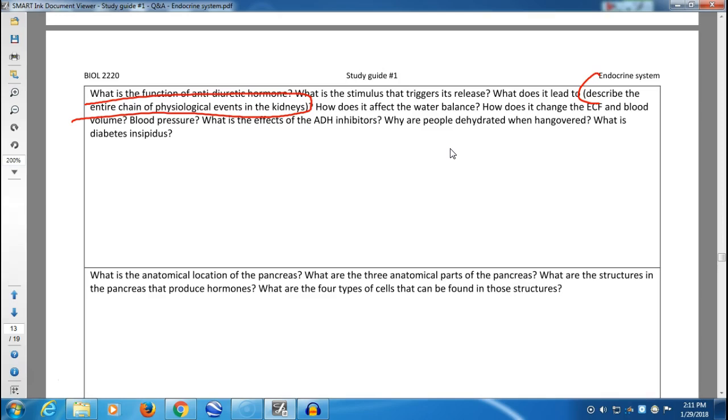Pancreas. I'll show you the picture. Recognize the pancreas. Okay. Yes. Sure. When it produces, does the water retain in the kidneys or in the stomach? In the kidneys.